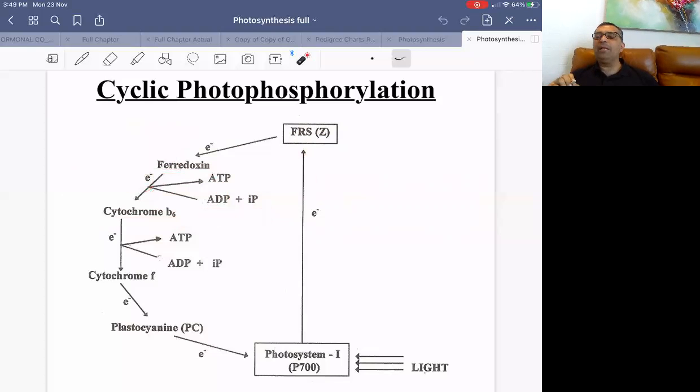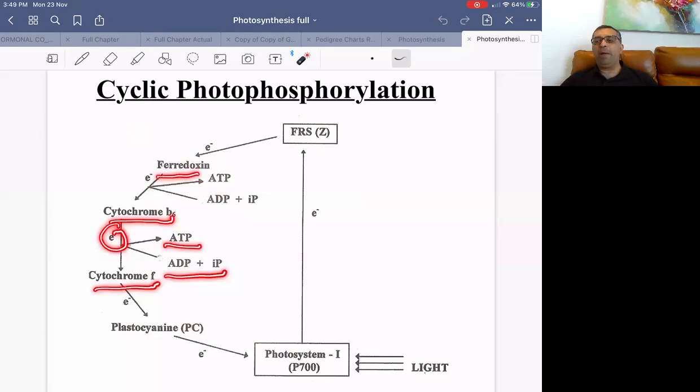So एक ATP बनता है between ferredoxin and cytochrome B6. Between cytochrome B6 and cytochrome F, again the electron loses a lot of energy, and between ADP and IP, it forms a molecule of ATP.